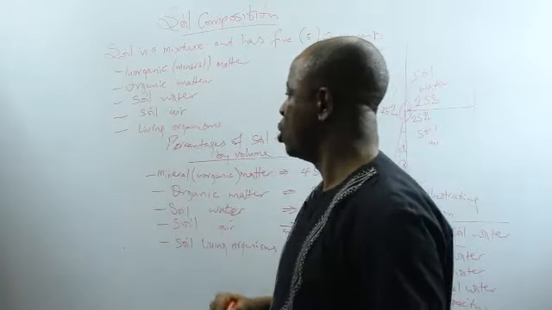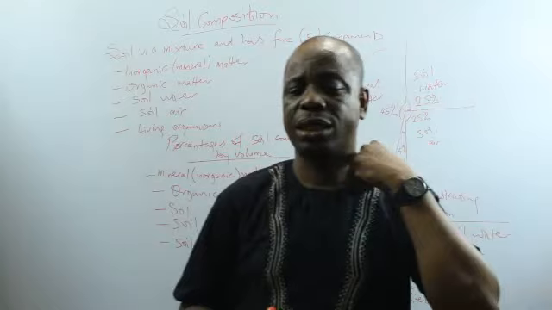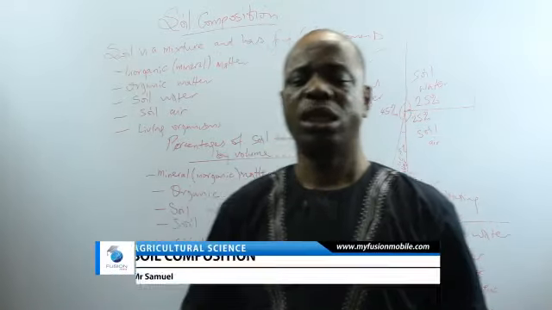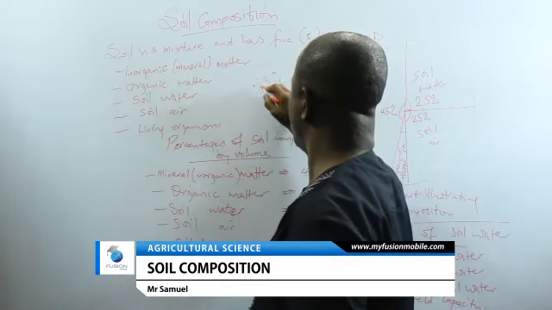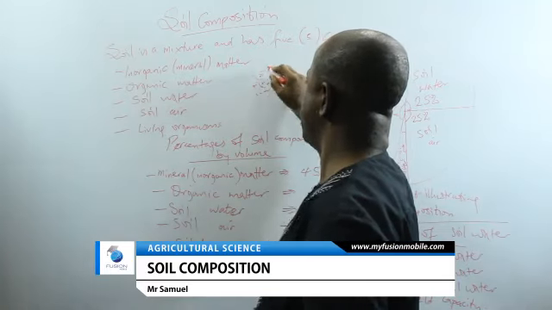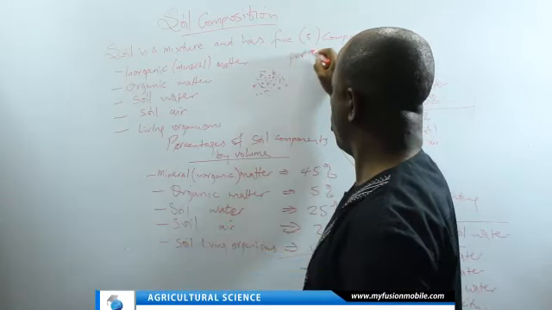Then we have the third one called soil water. Soil water refers to the water that occupies the pore spaces in the soil. Now, soil being a mixture, has a lot of particles. In between these particles, you have some spaces. The spaces are called pore spaces.